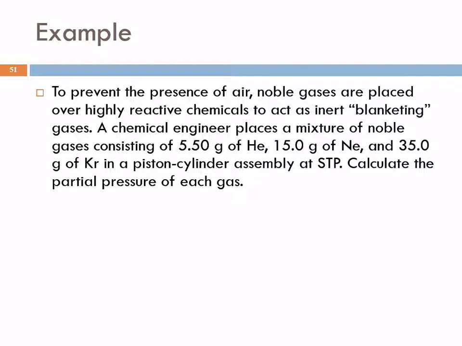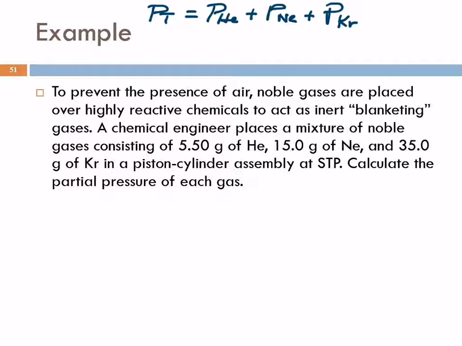So we have a gas mixture. We want the partial pressure of each gas. There's two laws, two equations that we'll be running into. The total pressure equals the partial pressure of helium plus the partial pressure of neon plus the partial pressure of krypton.